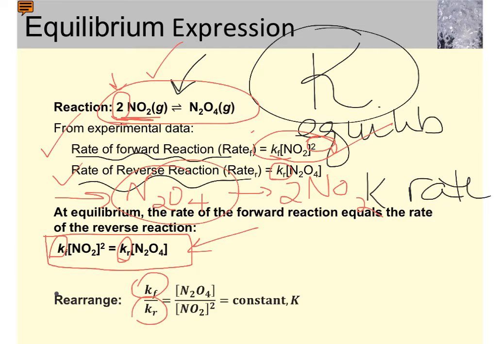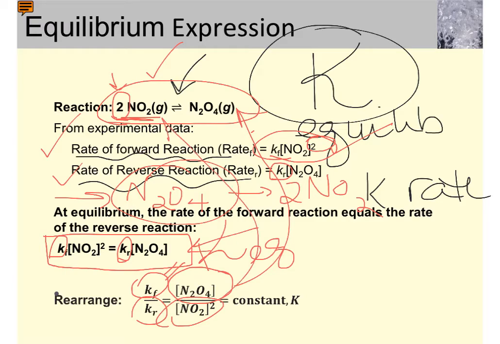What do we have here? So we're going to call the ratio of the rate constants big K, the equilibrium constant. And what is it equal to? It is equal to the concentration of the product, at least the way we have it arranged here, over the concentration of the reactant.